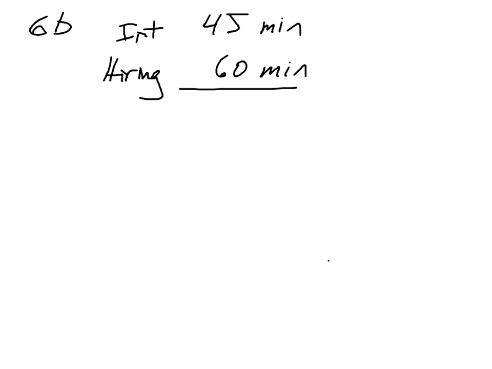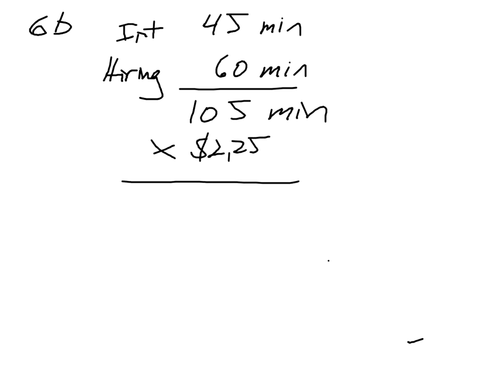So to interview and hire an employee, that takes 105 minutes. We know from our prior problem that it's $2.25 per minute. So 105 times $2.25, we get $236.25 for part B.